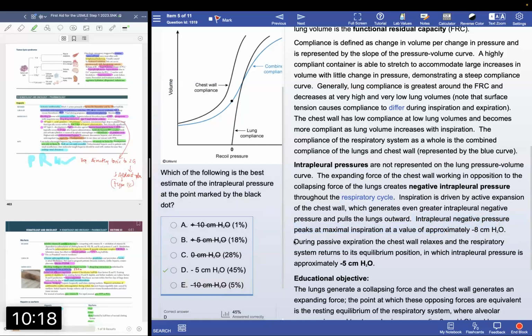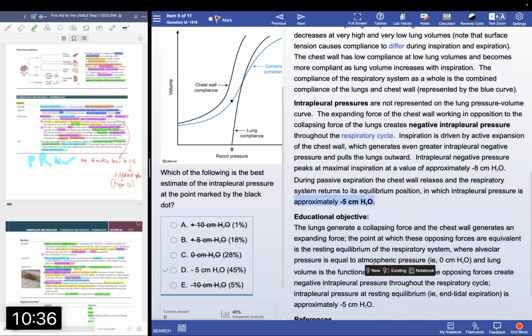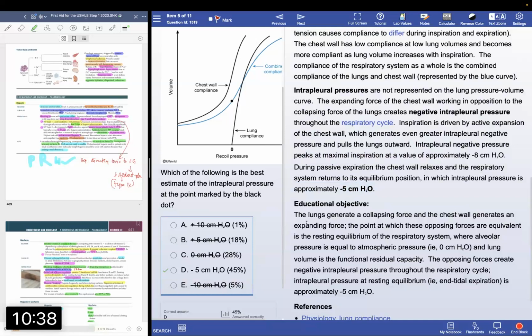During passive expiration, the chest wall relaxes and the respiratory system returns to its equilibrium position, in which the intrapleural pressure is approximately -5. The lungs generate a collapsing force and the chest wall generates an expanding force.